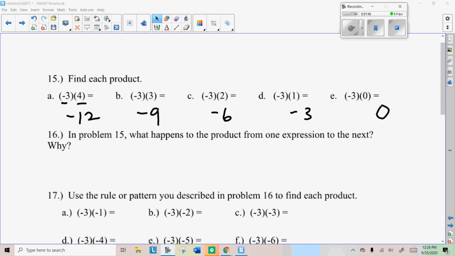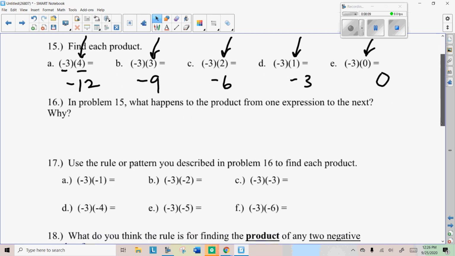I think you probably noticed that we were going up by 3 every time. And that's because we kept taking away one repeated addition of -3, right? So if we take away one of those, we're going to end up with 3 more each time.